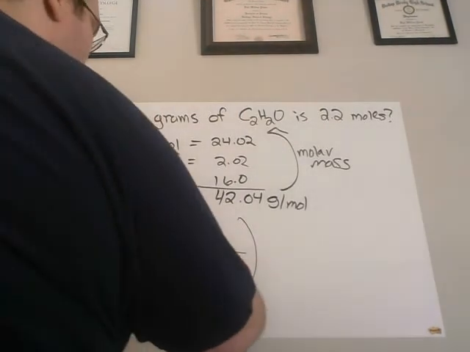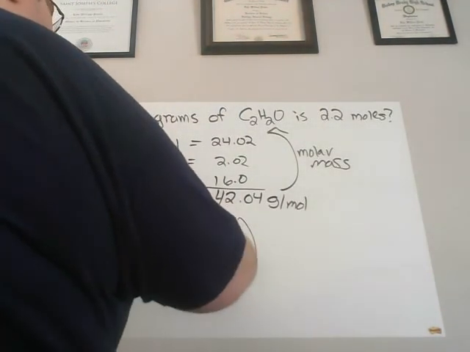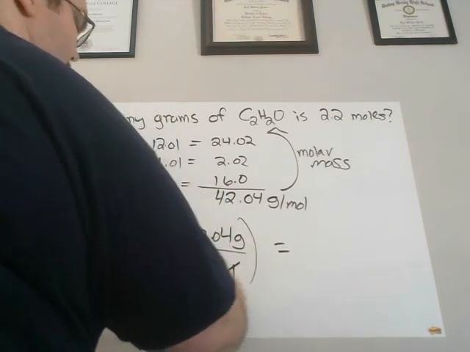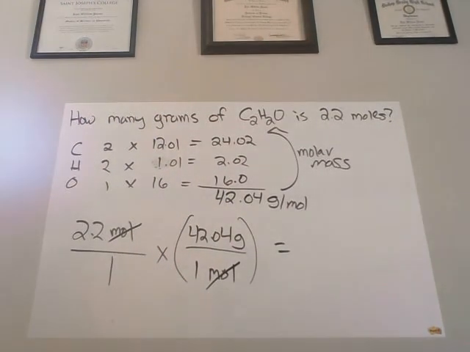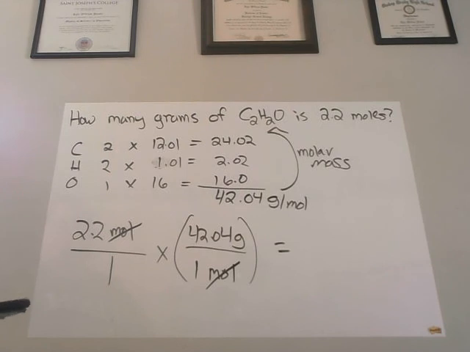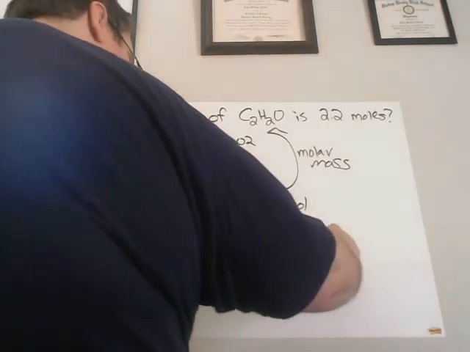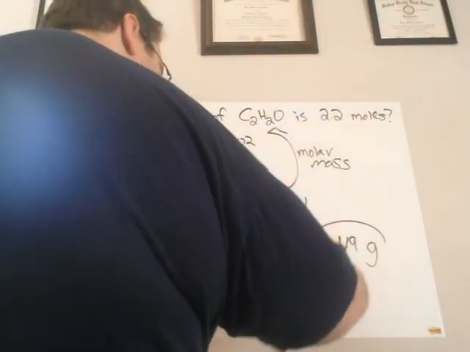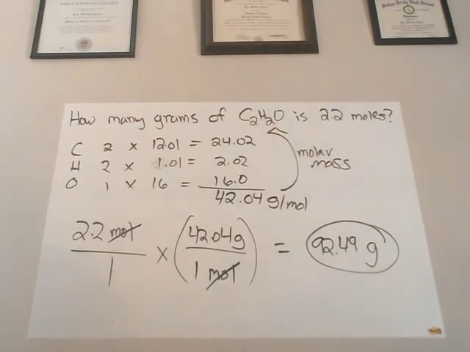So I put 1 mole on the bottom, and I put my 42.04 grams on top. That ensures that my moles cancel. And then I just multiply. We get 92.49 grams as our final answer.